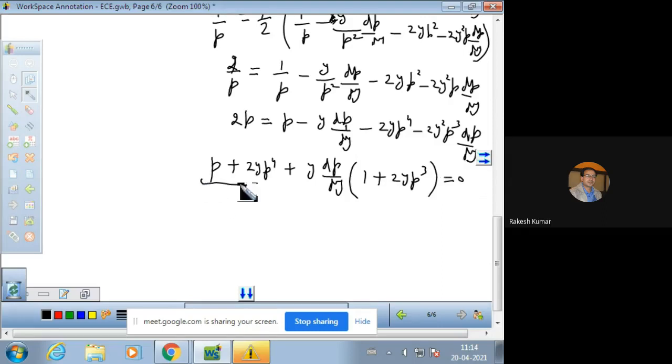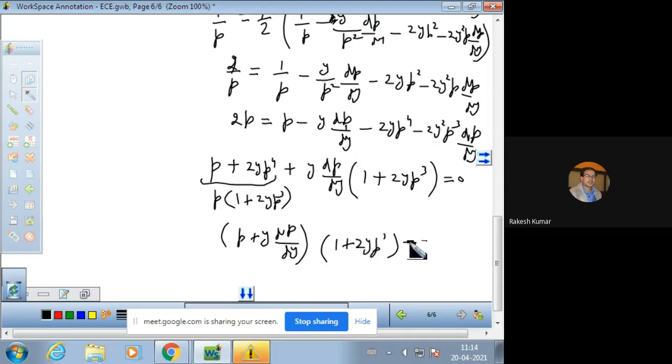Similarly, p will be common from these two terms. So 2y p cube will be there. Ultimately, this is the factorization. So p plus y dp over dy, and 1 plus 2y p cube is equal to 0.